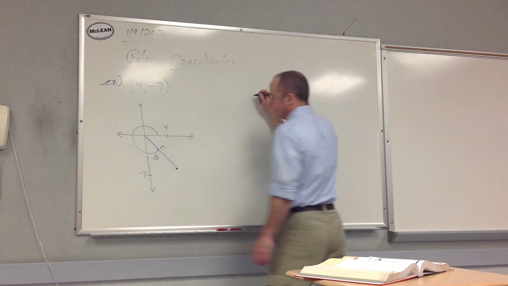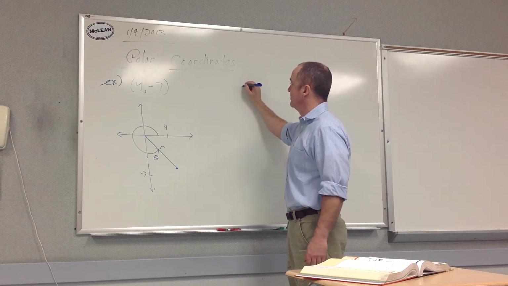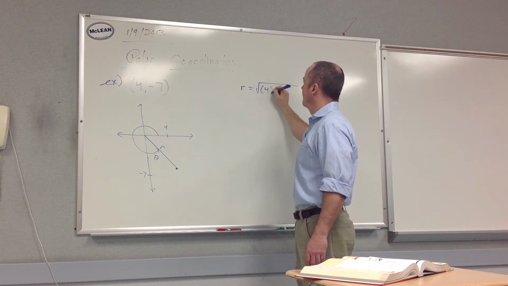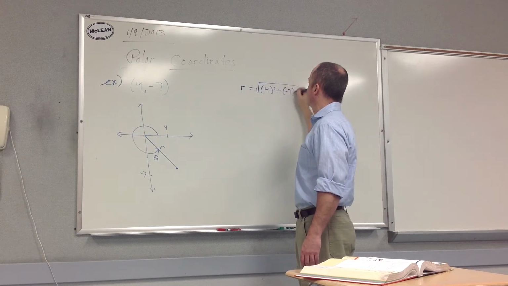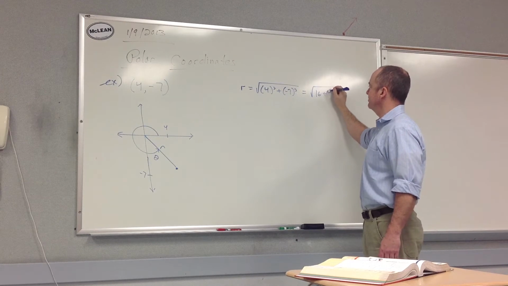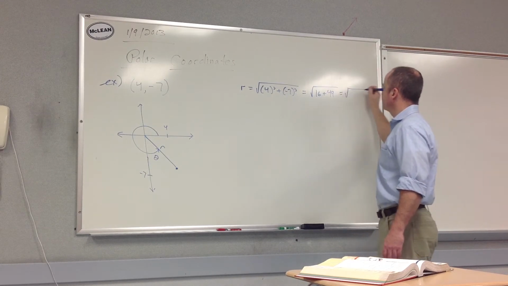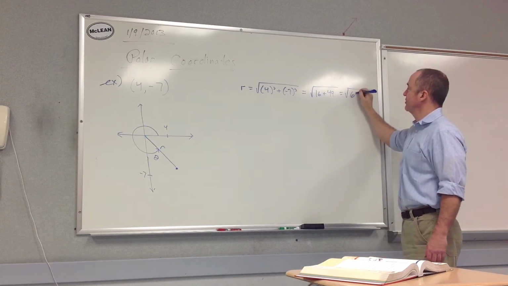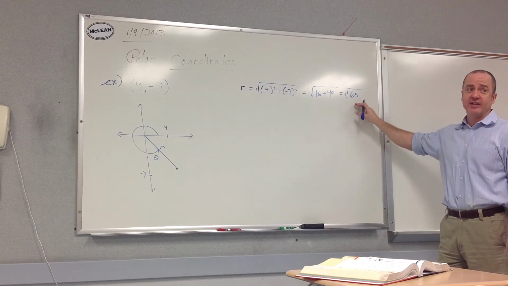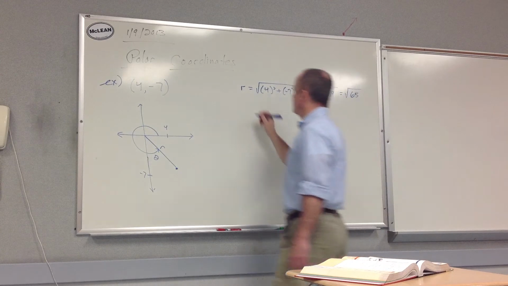So for this one, I would be stuck at saying r is the square root of 4 squared plus negative 7 squared, which is the square root of 16 plus 49, which is the square root of 65, which can't even be simplified. That's just 5 times 13.